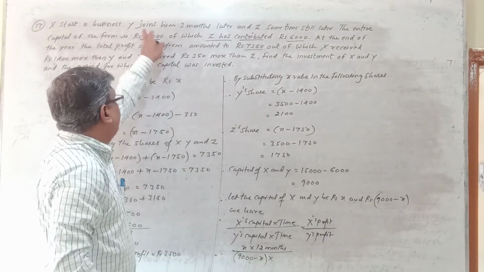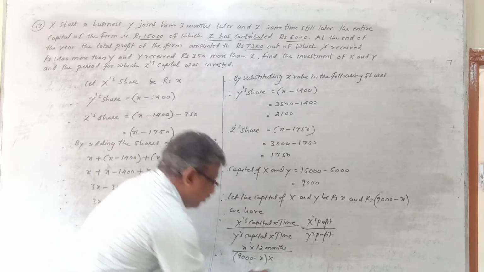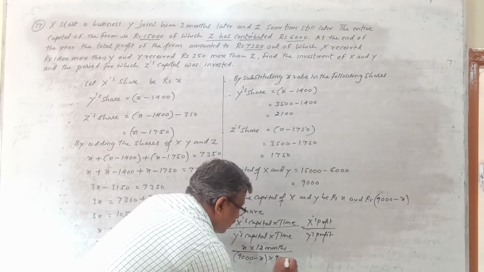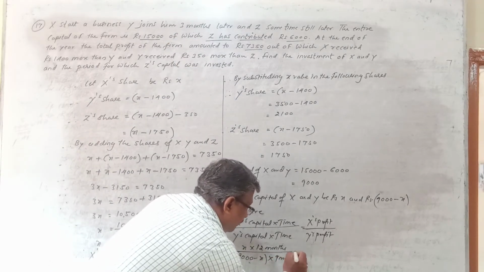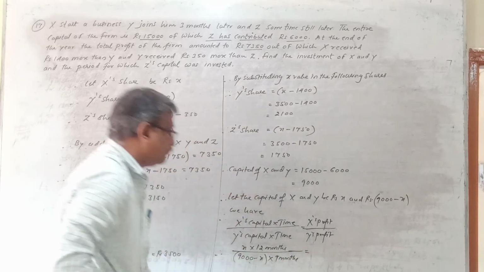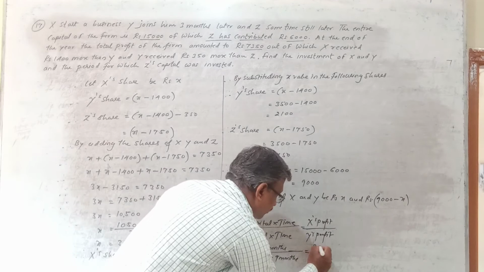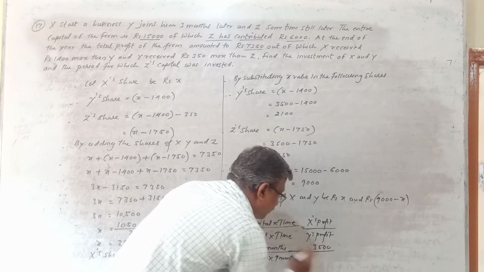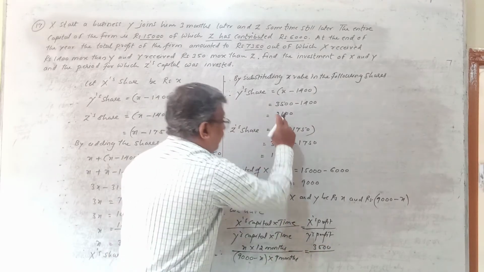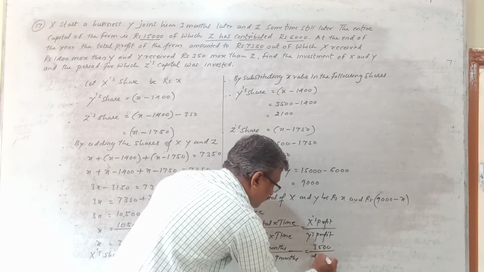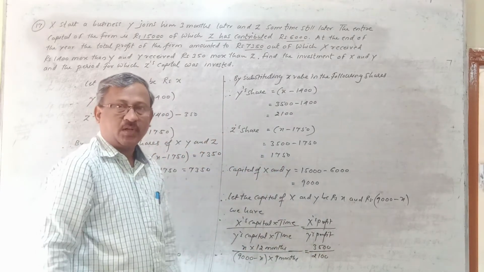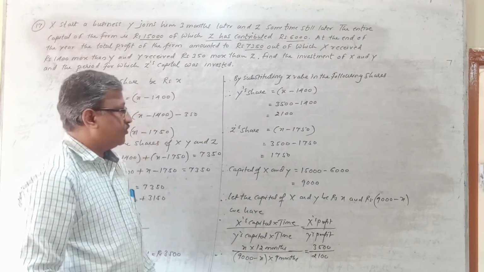He joined 3 months later, means his capital is used in the business for 9 months. You have to multiply by 9 months. This is equal to x's profit, which is 3,500, divided by y's profit, which is 2,100, like this. And now solve this equation.